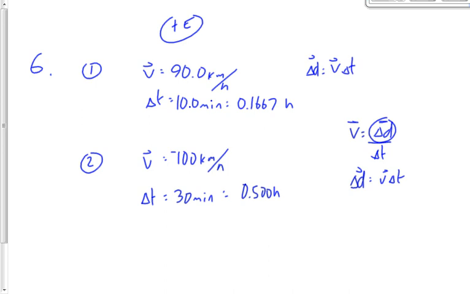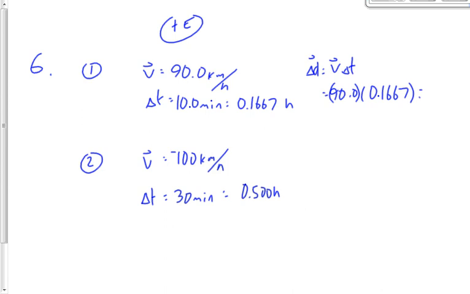The velocity in the first stage is 90 kilometers per hour. The time in the first stage is 0.1667. We do the math there, and it works out to be 15 kilometers to the east. In the second stage, we've got to get the displacement as well. It's also v times t.